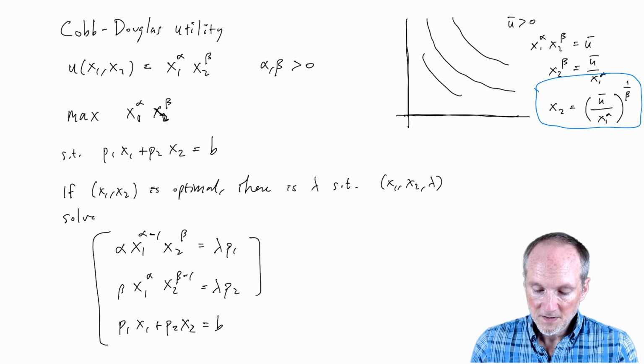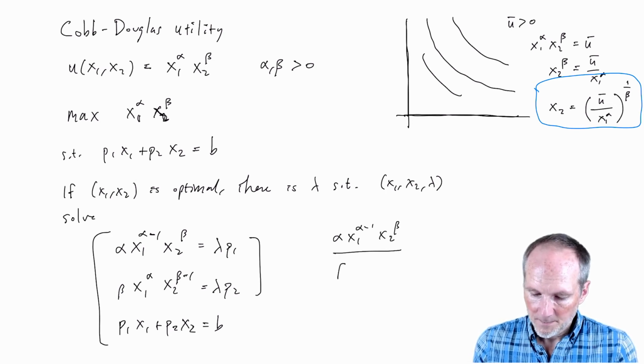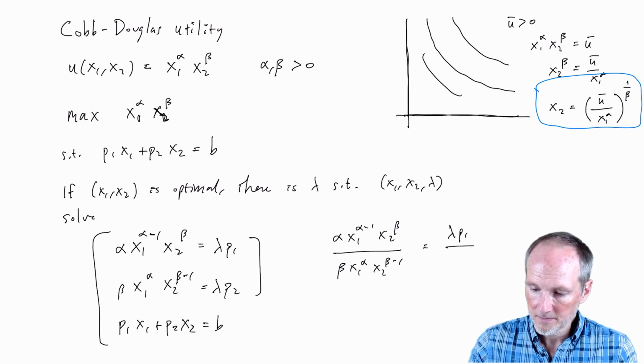So from these two equations, I know that alpha x1 to the alpha minus 1, x2 to the beta, divided by this left-hand side here, is equal to lambda p1 divided by the right-hand side here.